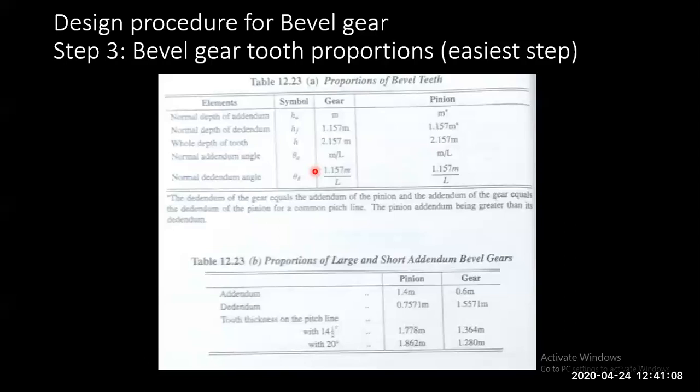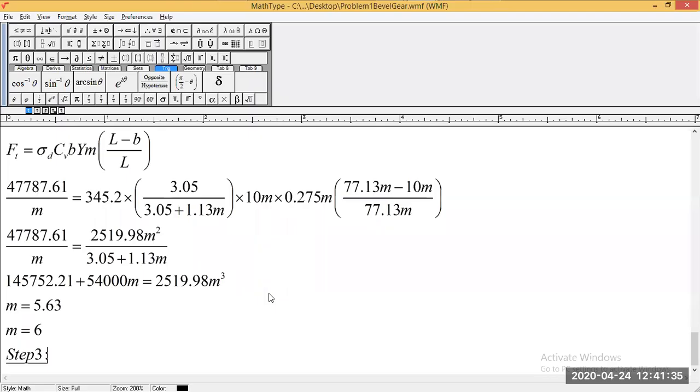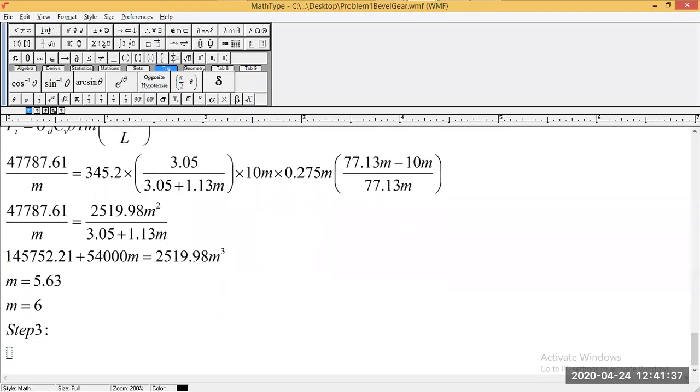So let's find a few key dimensions. Let's say the pitch diameters and the addendum and dedendum for gear and pinion.